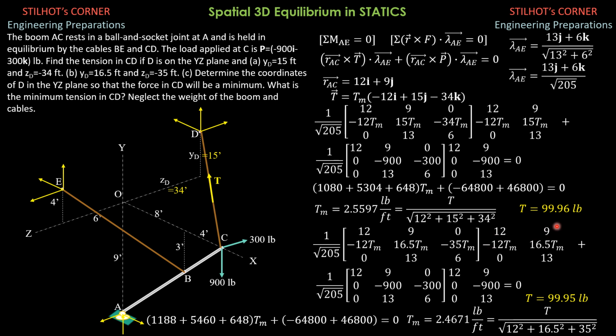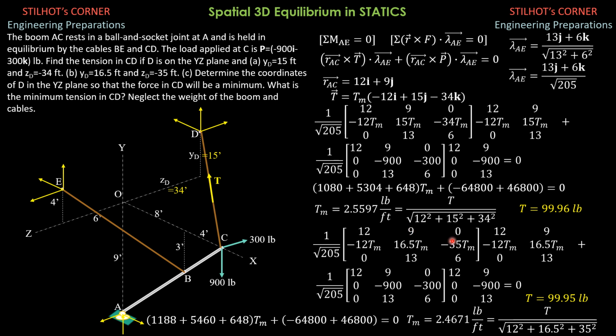Then copy the elements in the first two columns, the rest the same. For the force, RAC cross the force, it's the same setup. So again, equate to 0, so don't mind the square root of 205. We obtain this product, 12 times 16.5 times 6 as 1188.